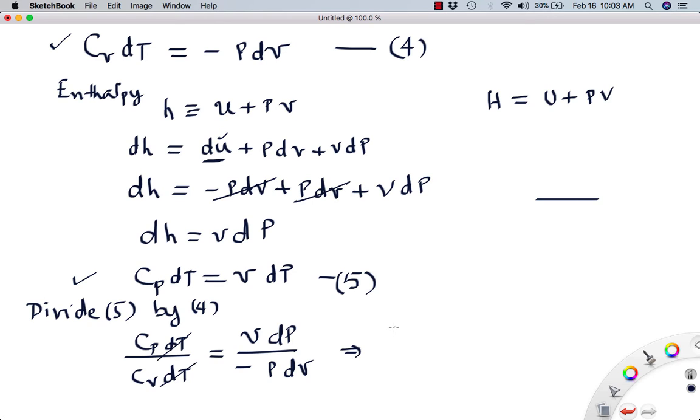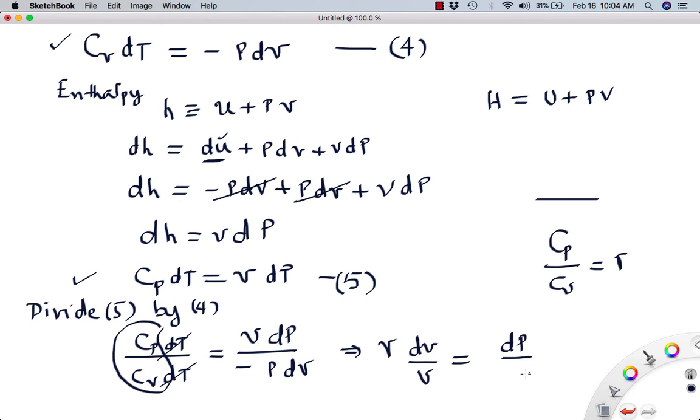For the integration, we want to integrate to get the total quantity. So we know Cp over Cv is the ratio. Cp over Cv is gamma. So gamma dV over V is equal to dP over P. Now let's integrate on both sides.